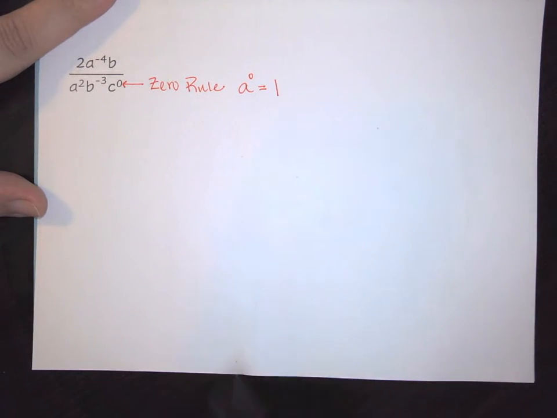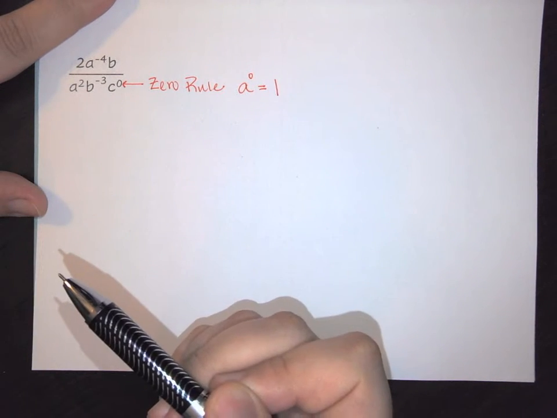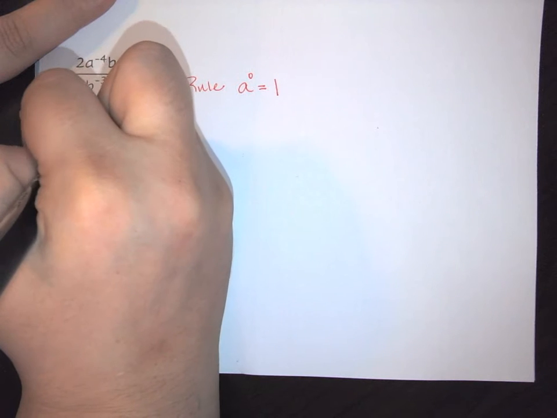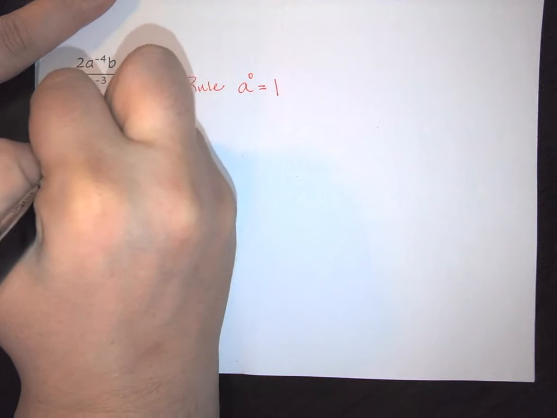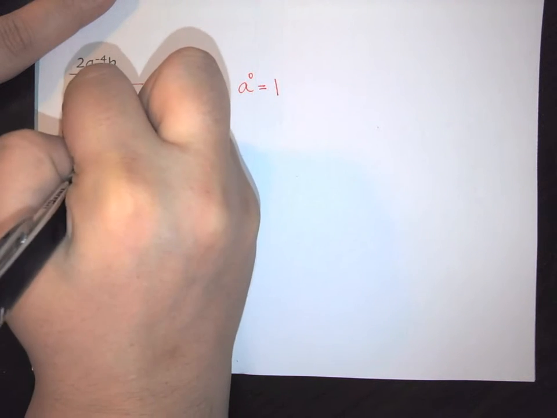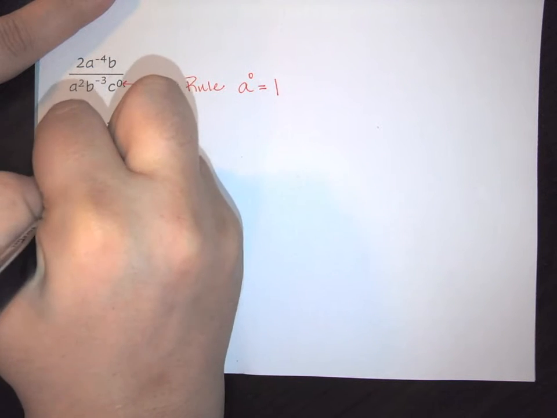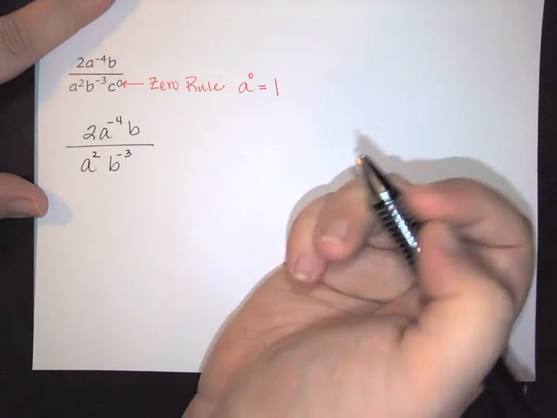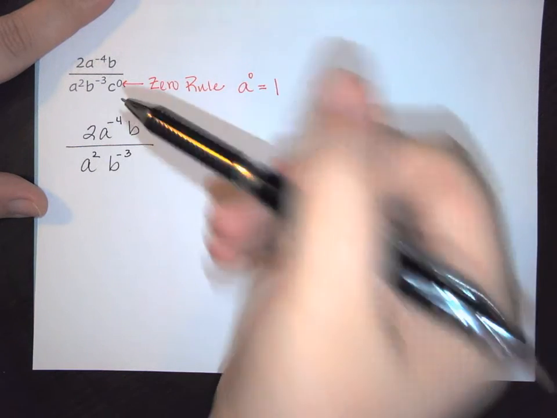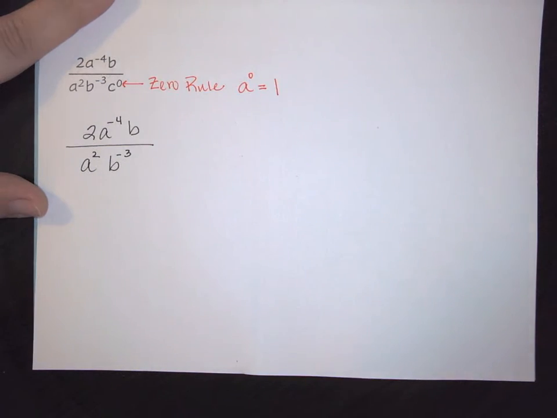And so what I would do to start off with is apply my 0 rule, which says that I'm going to have 2a to the negative 4b all over a squared b to the negative 3. And then of course this is times 1, which we don't necessarily have to write.